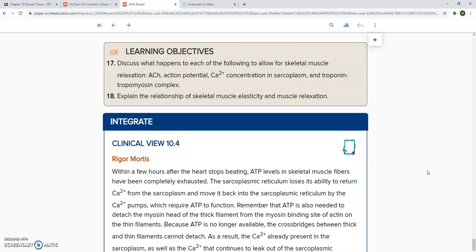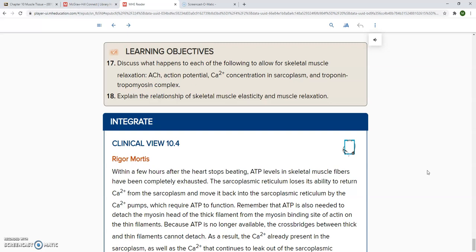After we've passed away, realize we're not breathing in any more oxygen, and we have to have oxygen to make most of our ATP, which is our energy. So if we don't have any oxygen, we don't have any ATP being produced anymore. We'll have some still in our cells, but it takes a couple of hours to use all that ATP up.